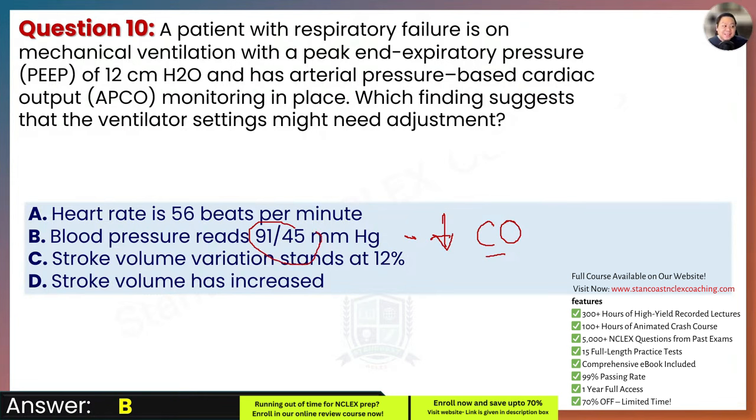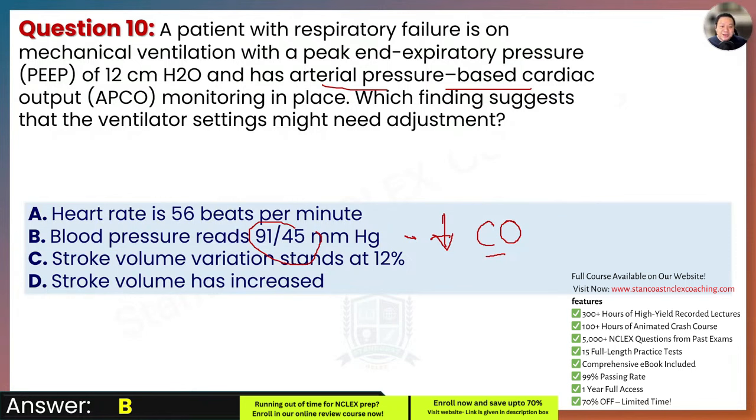Now, since the client has this arterial pressure-based cardiac output monitoring, this will help track the cardiac output. And also, a low blood pressure reading like this suggests that the ventilator settings might be too high for the patient, and it's time to reconsider the PEEP setting. All right. Now, what about letter A? Heart rate is 56 beats per minute.